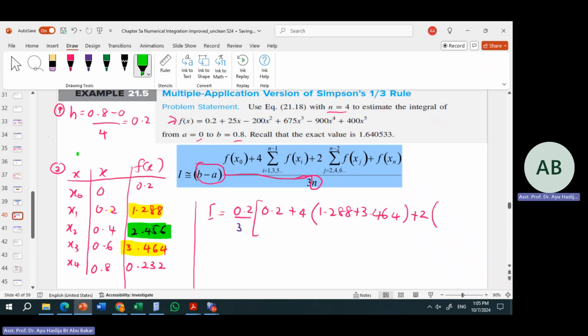Because x4 is your fn, the last value. Okay, plus your fn or f(b), which is the last value.